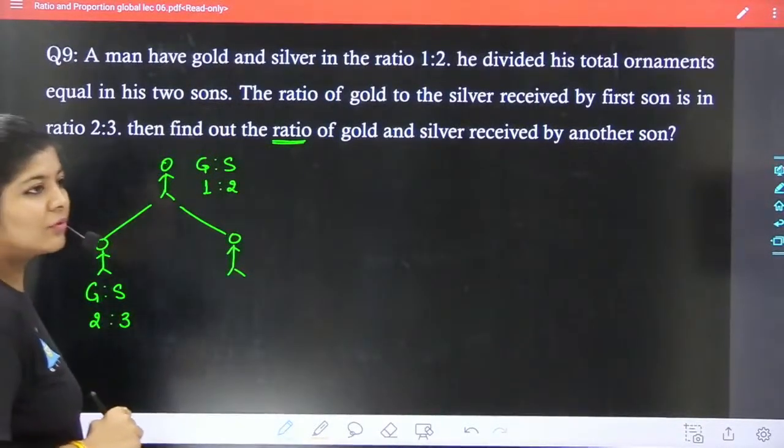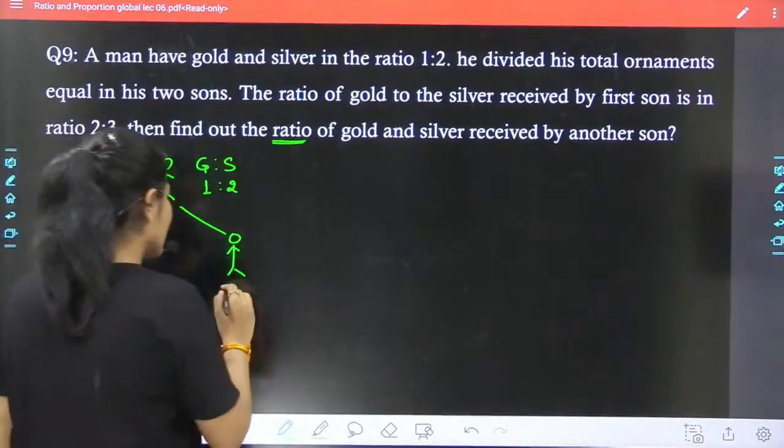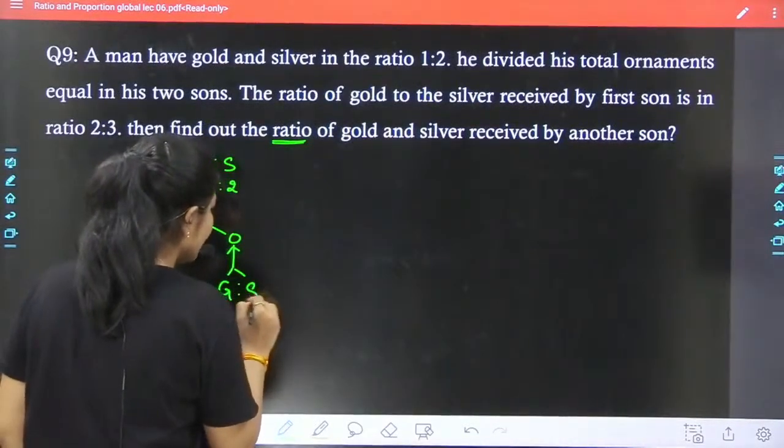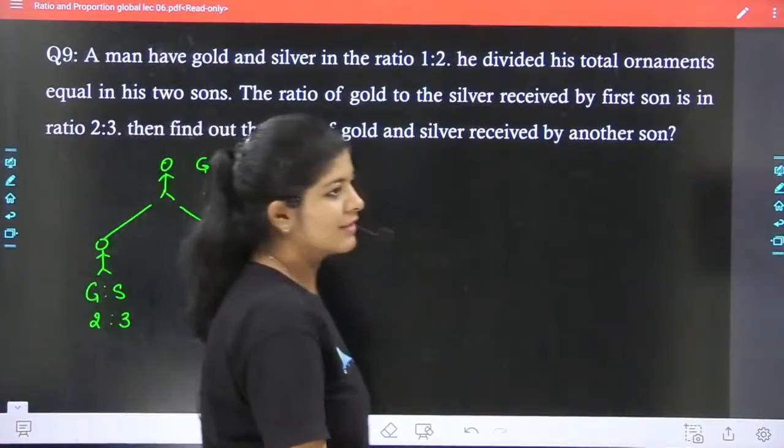Now what do I have to do? I have to find out the gold to silver ratio received by the other son.